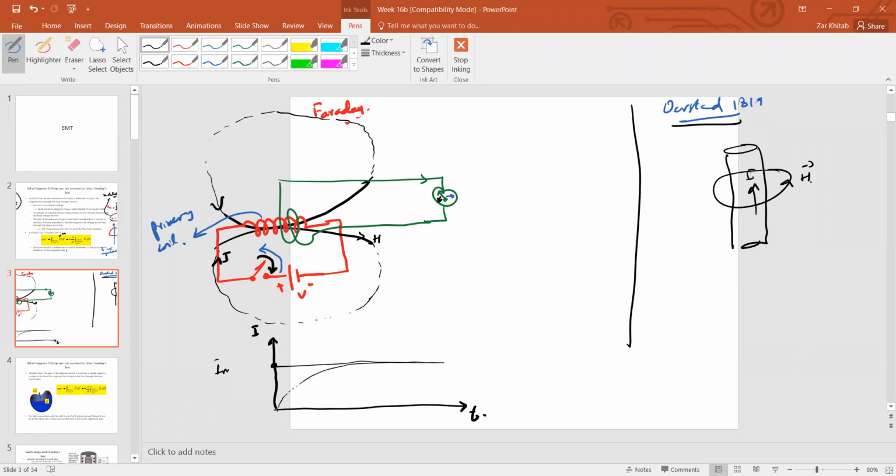This is I max. So in this duration, in this time delta, the current I is changing in time, and hence this magnetic field is changing in delta time.